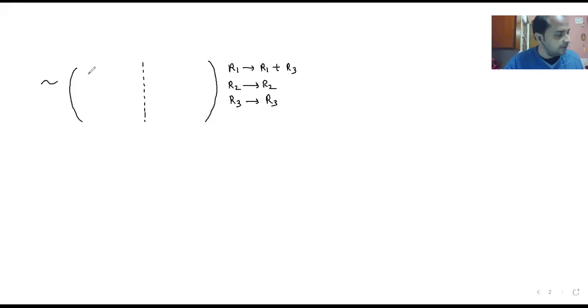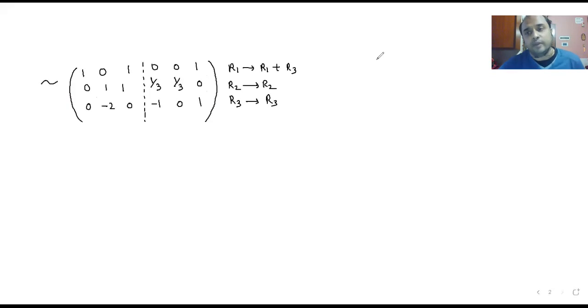After this operation, I have got 1, 0, 1, 0, 1, 1, 1/3, 1/3, 0, 0, minus 2, 0, minus 1, 0, 1. You can check whether you have got this or not.